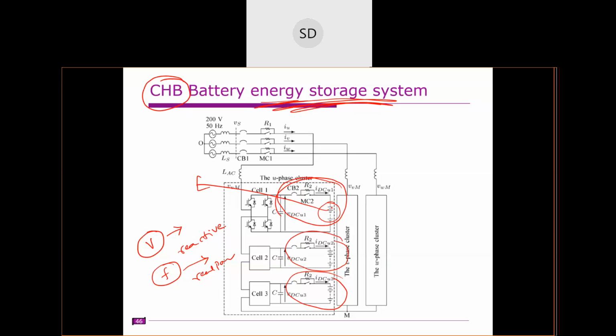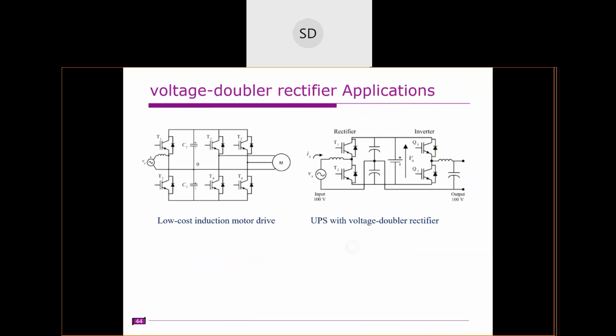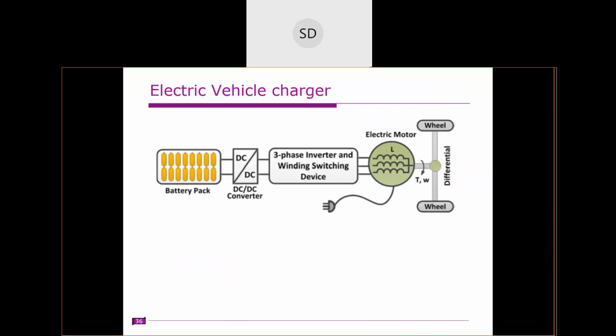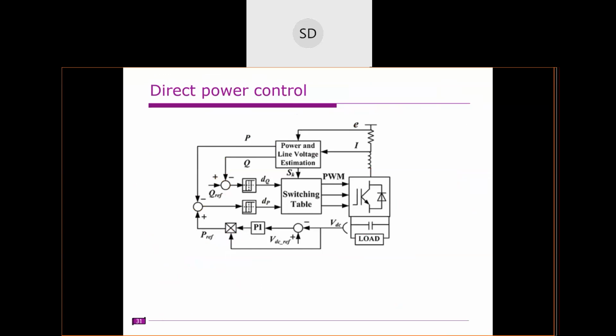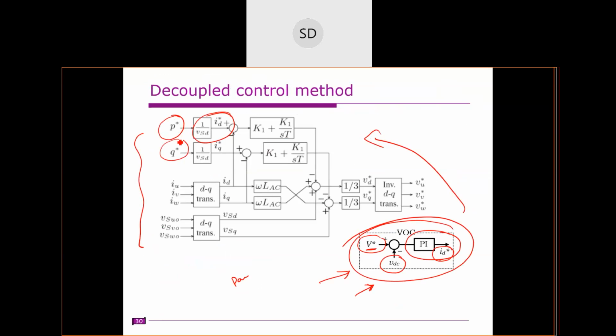We will discuss these things in the next class. Before that, we need to discuss the decoupled controller so that you can get a complete picture of all this. The decoupled controller is used to control the grid active and reactive power.